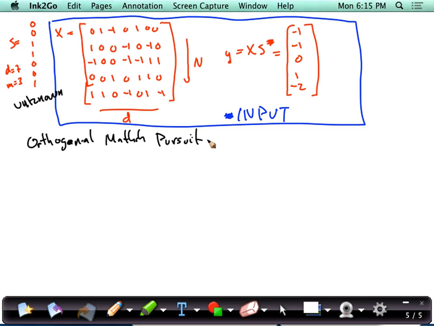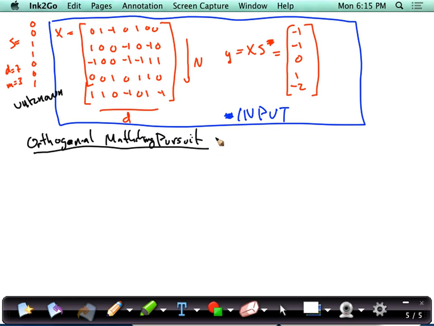The idea is matching. It's going to find the single potential value of S, the single dimension, which best explains this relationship. I know this is how I measured it, I know what my observations are. What is the best guess of some value in S that was non-zero that explains this relationship?